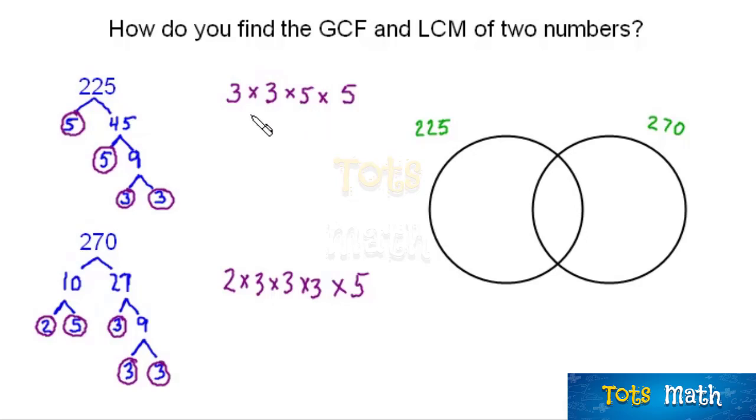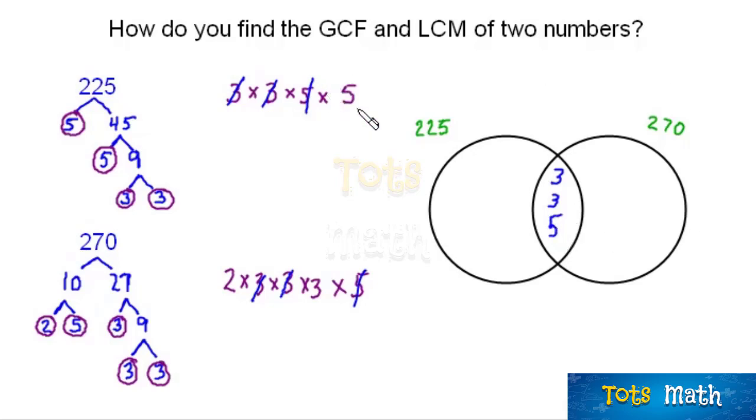So let's begin with the prime factorization for the number 225. The number 3 appears in each prime factorization, so I'm going to write it in the intersecting part. And I'll do the same for the other 3 because it also appears in both prime factorizations. The next digit is a 5, and that appears in the prime factorization for 270, so that's going to end up in the overlapping area.